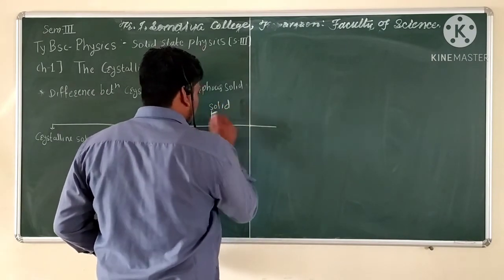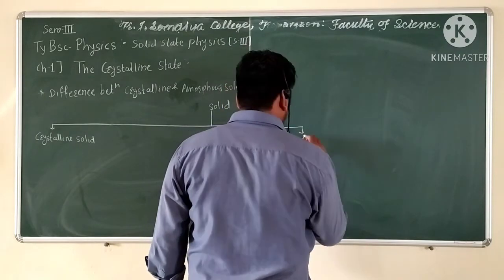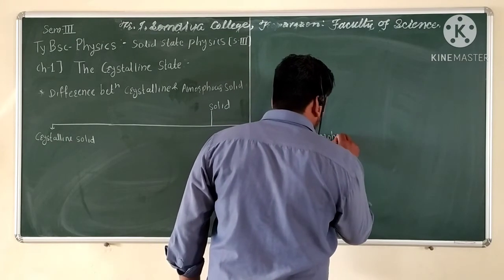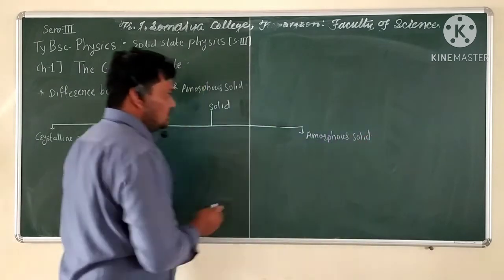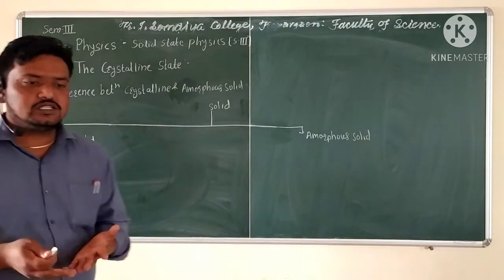So solids are classified into two groups: crystalline solid and amorphous solid. What is meant by a crystalline solid?